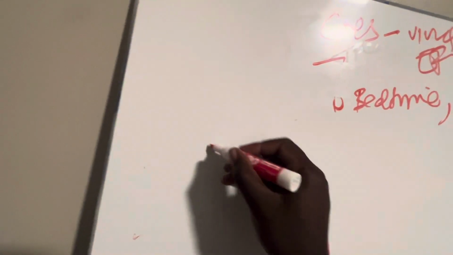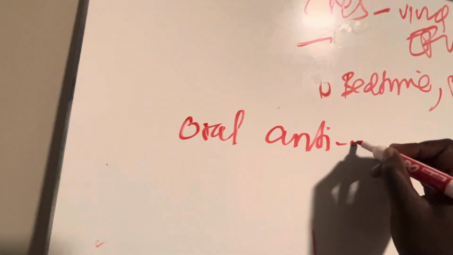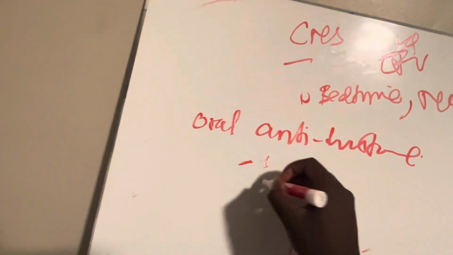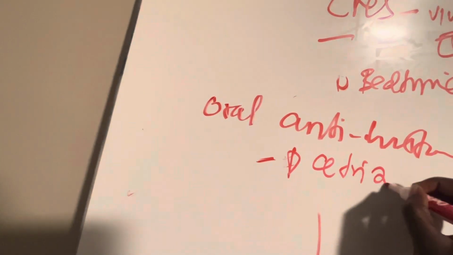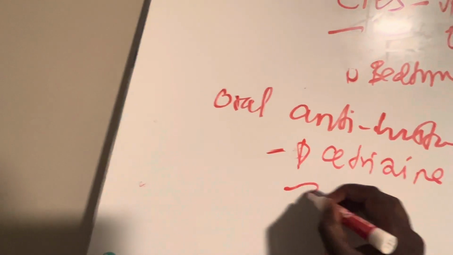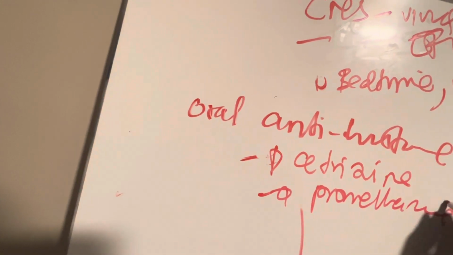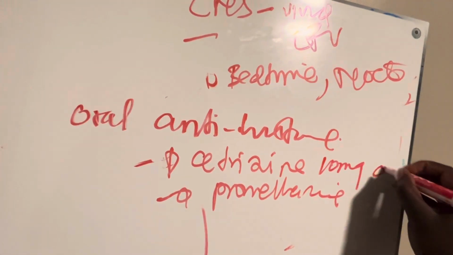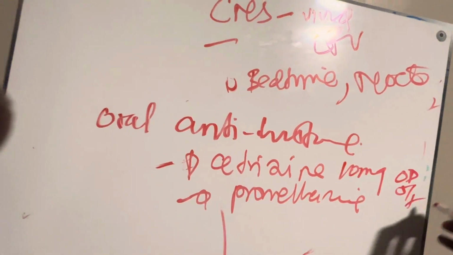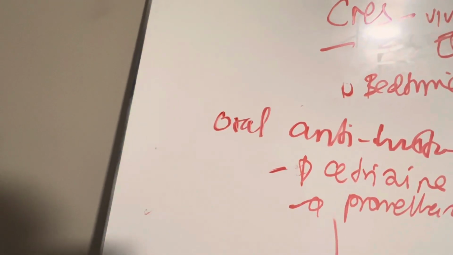You can also give an oral antihistamine like cetirizine or promethazine, Phenergan. Cetirizine 10 milligrams OD, maybe for 5 days, to minimize systemic itching.